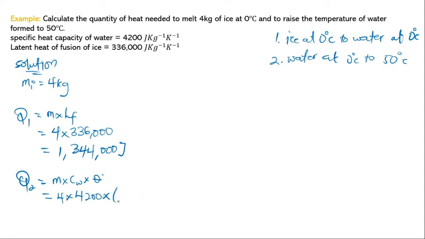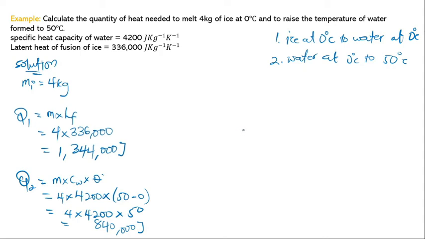The change in temperature in this example is going to be 50 minus 0. So we have 4 multiplied by 4,200 multiplied by 50, and that is going to give me a heat energy of 840,000 joules.